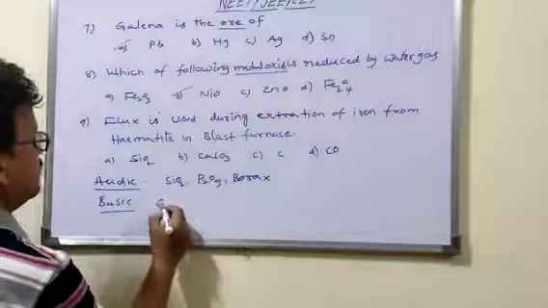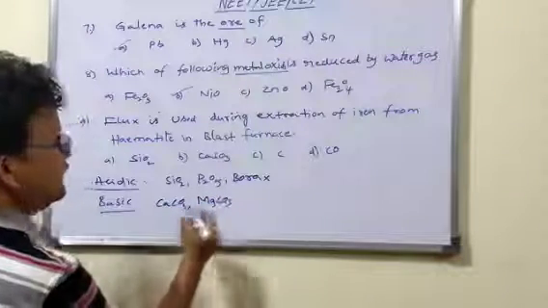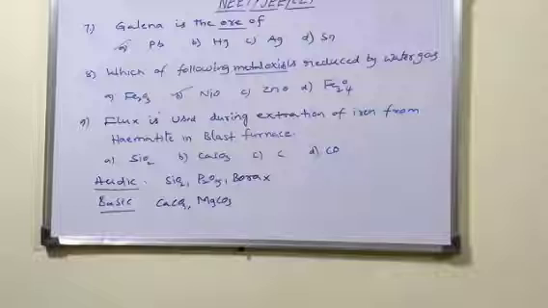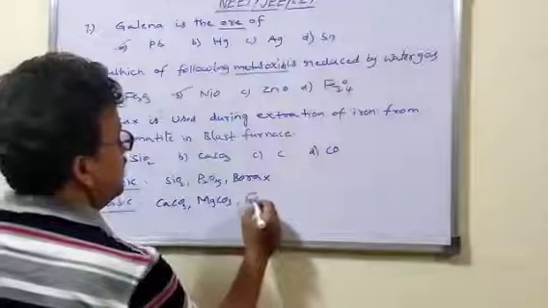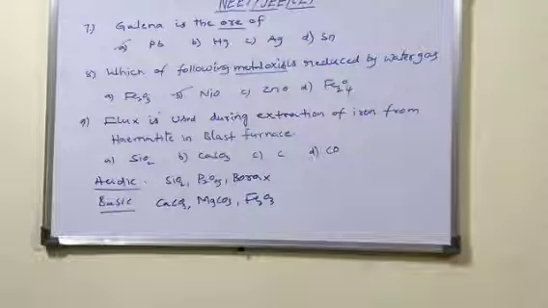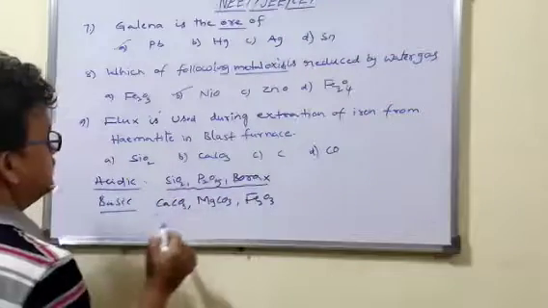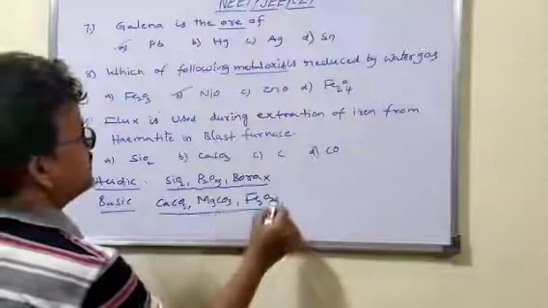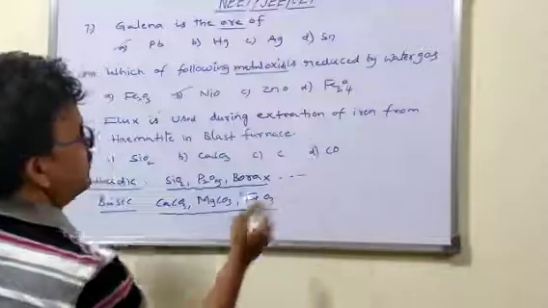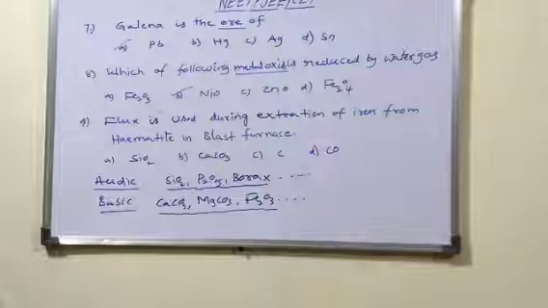And basic we have CaCO3, MgCO3 and Fe2O3. So these three are acidic fluxes, these three are basic fluxes. Three only, not so many. Minimum you have to remember this. These two types of fluxes we use in metallurgy.